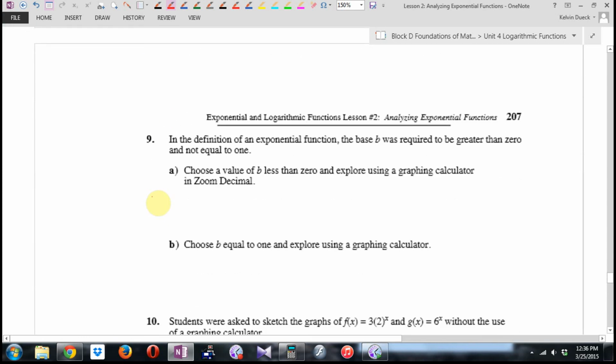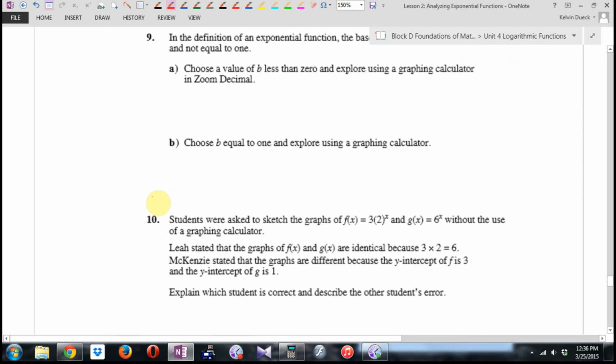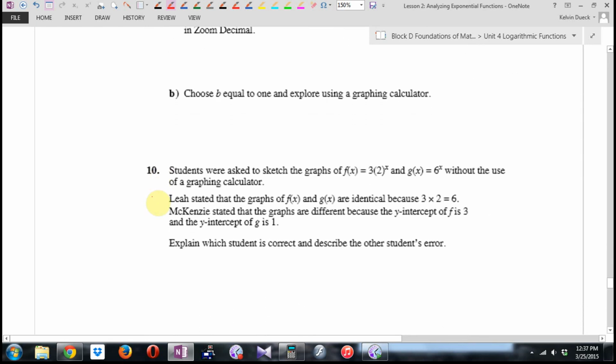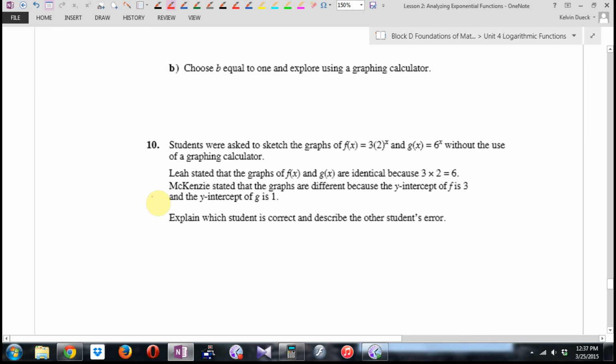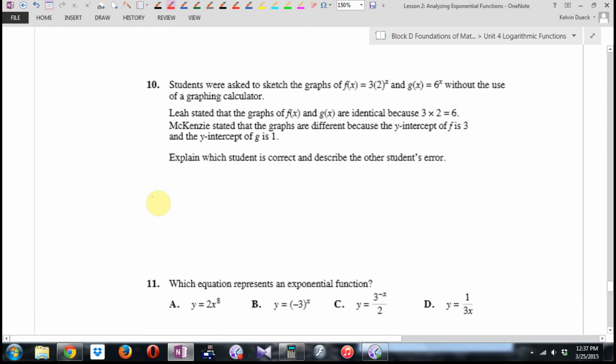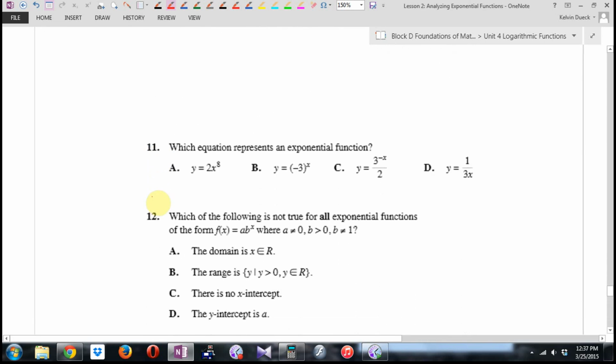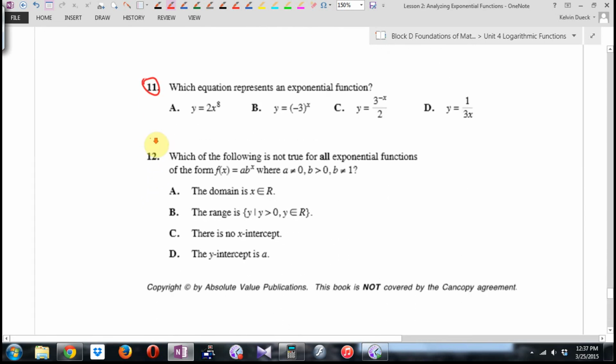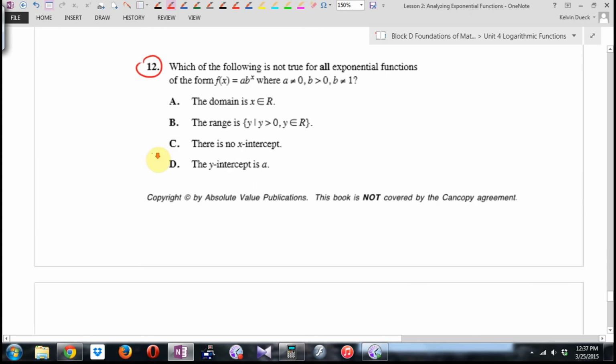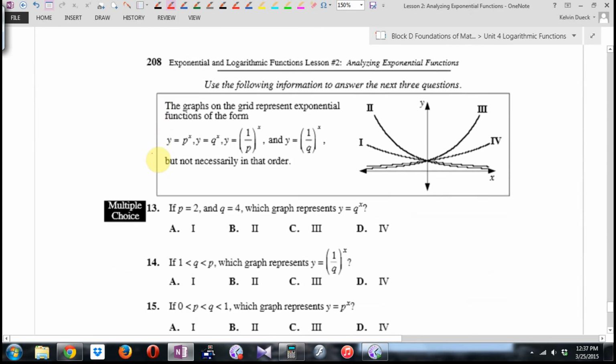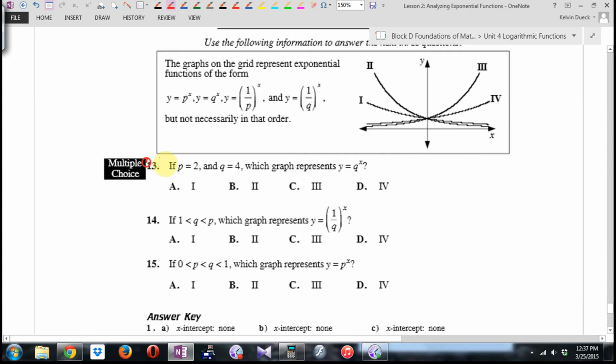Nah, 9, nah. I have to do number 10 because it has Mackenzie's name in it. Spelled wrong, but that's okay. Nah, I'll skip 10. 11 is good. 12 is good. 13, 14, and 15. Okay.